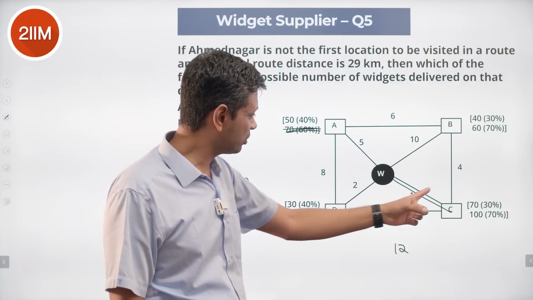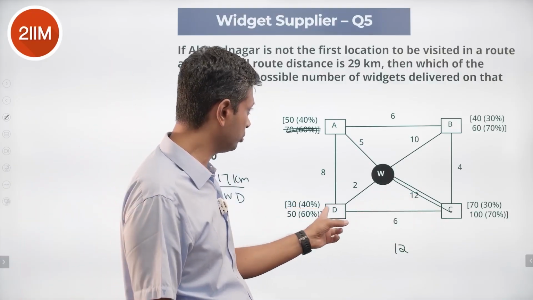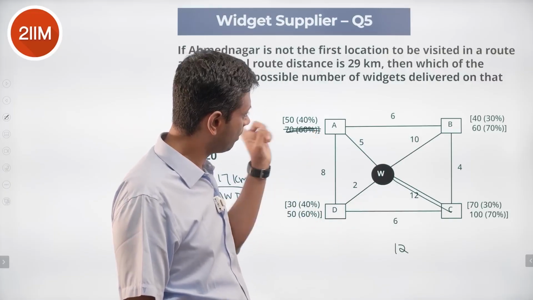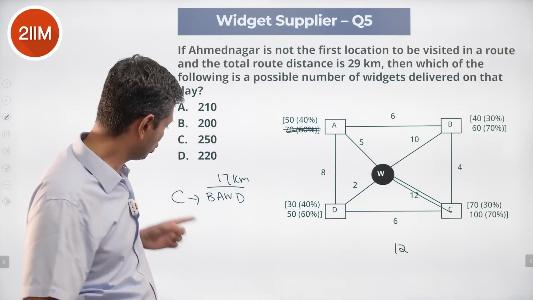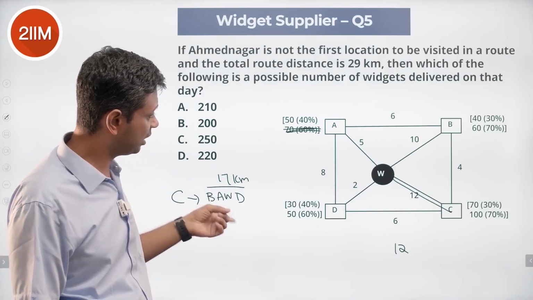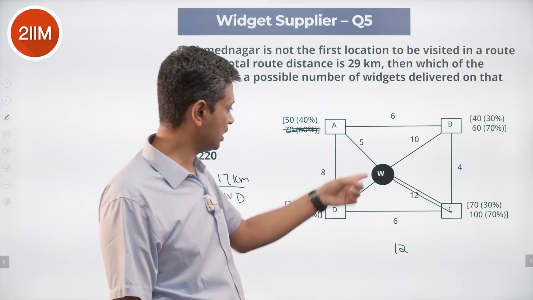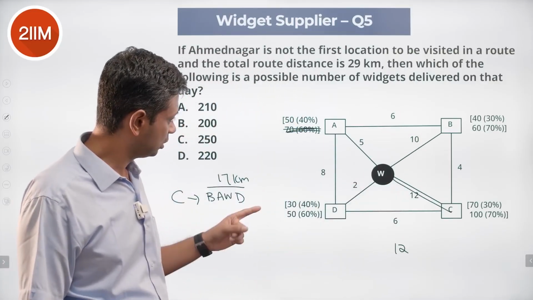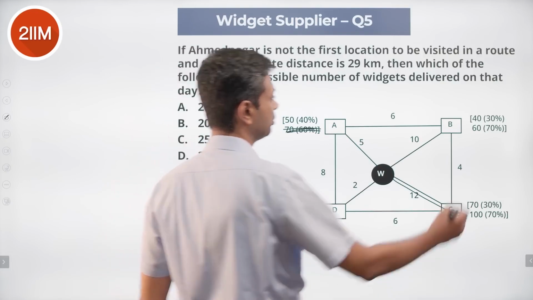Or I could start with C, be forced to go to D because this is 50 and that is 30. This is 6 plus 8 plus 6, that becomes 20. That's not the case. So my possibility is this. I am going in the route C, B, A, W, D. So after C, I go to B. A is 50. This could also be 50. I'm going to B. That means B should be 60.